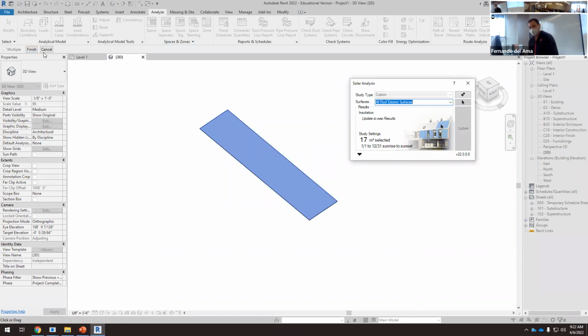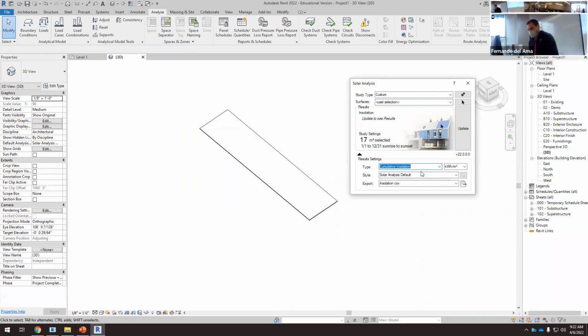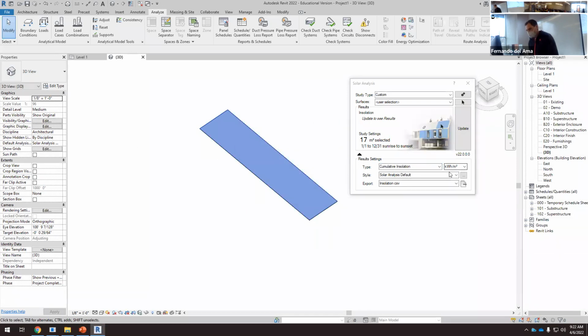We cannot update. Yes, we have to click Finish. And here we have the cumulative insolation. Okay, cumulative, it's good. Finish. And the style, solar analysis default.